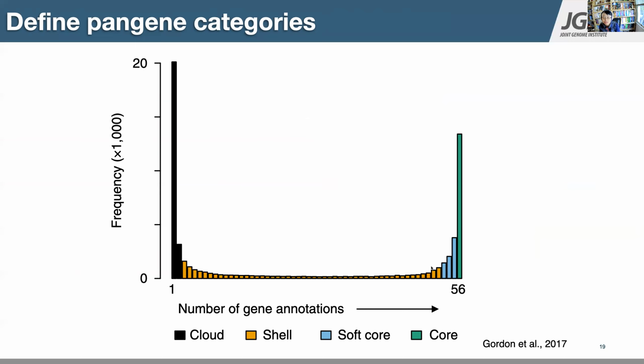If the pangene shows in 53 to 55 accessions, then we define it as a soft core gene. If showing in 3 to 52, that is a shell gene. And if just showing in 1 or 2 accessions, then it is defined as a cloud gene.